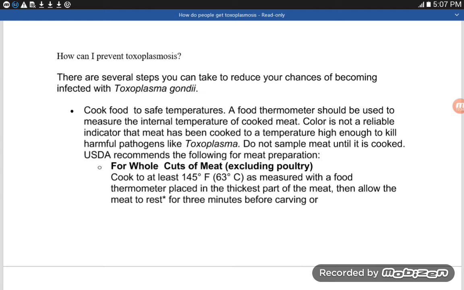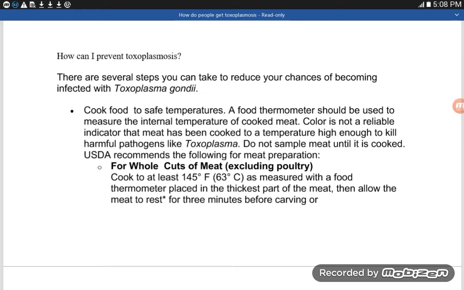For example, nowadays young people normally use BBQ. What happens in a BBQ? The outside looks very well cooked, but the internal part of the food or meat, whatever you use, at the center, may not be well cooked. If any pathogen is present in that BBQ, whether it is meat or fish, we will get infection.